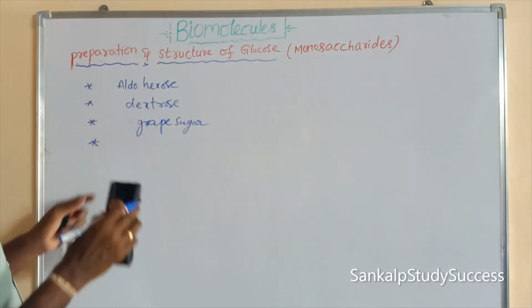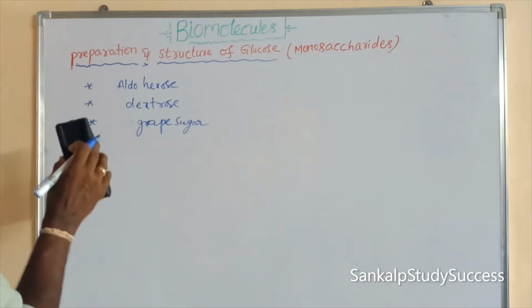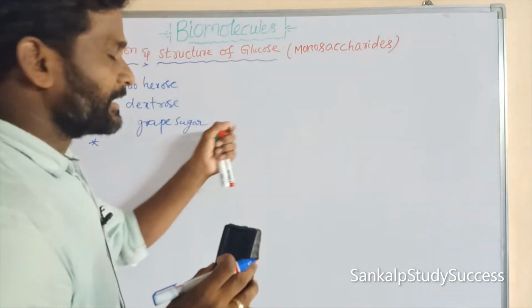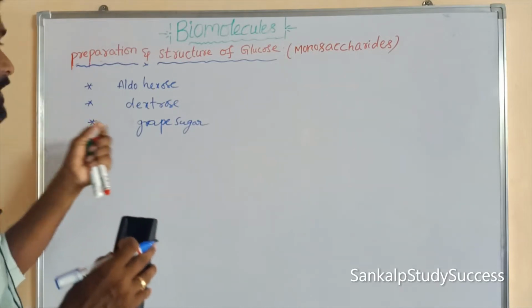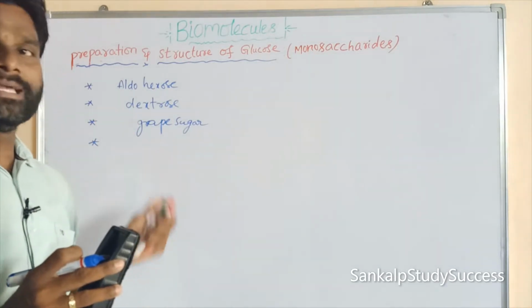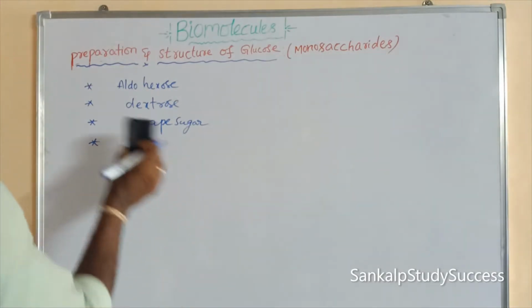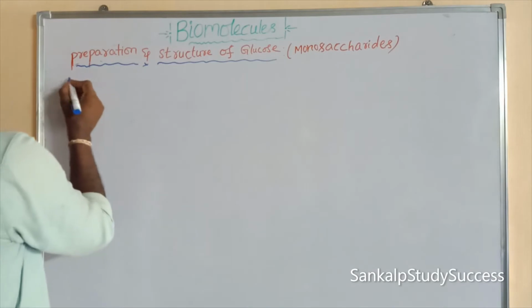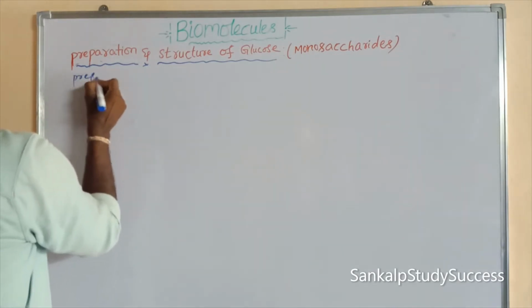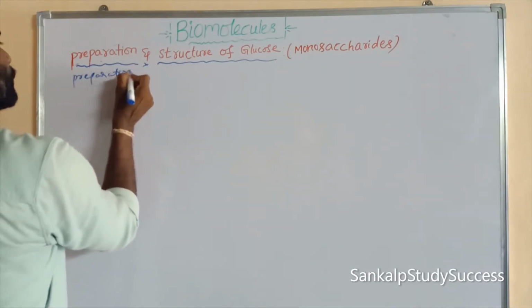So it is also known as grape sugar, as it is found in fruits, especially grapes. Next, in combined form, it occurs in some disaccharides and polysaccharides. So now we will discuss the preparation of glucose.